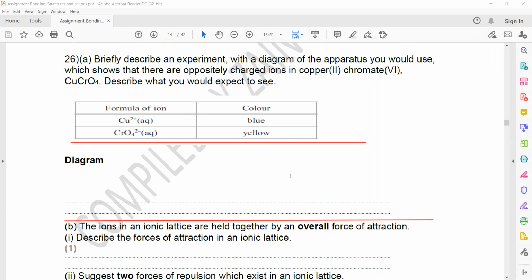For this electrolysis, we can set up an electrolytic cell with two containers connected by a salt bridge, and then electrodes are there.